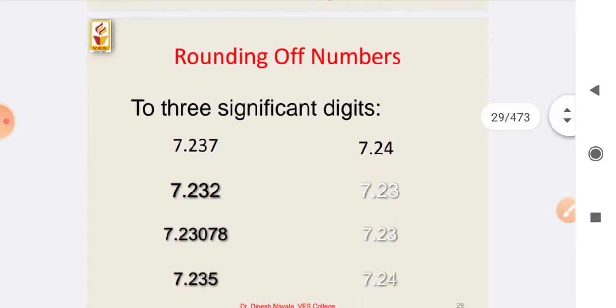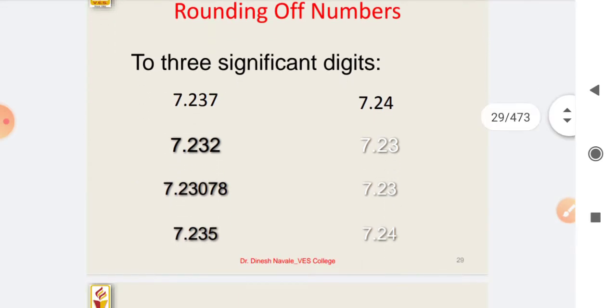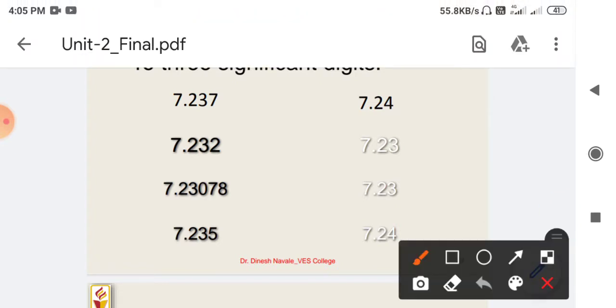How will you round off these various given figures into two significant digits? 7.237 comes out to be 7.24, because if the digit adjacent to the last digit is greater than 5, we simply increase the number by 1.